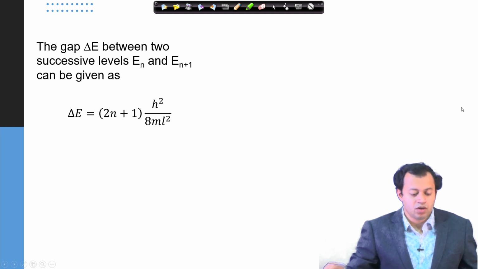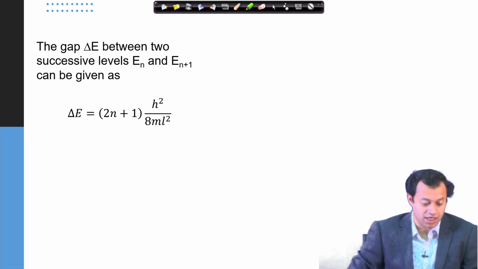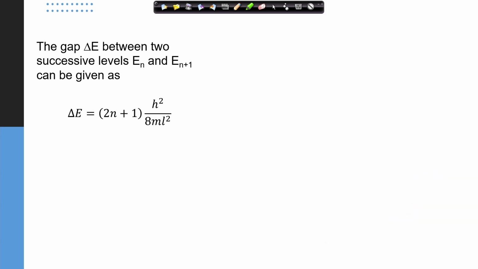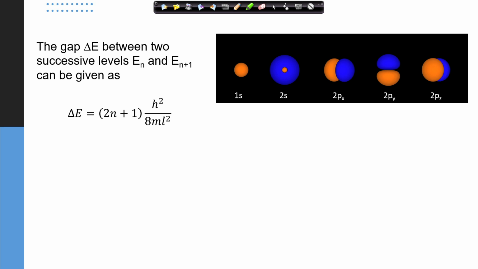So, therefore, when we are looking for the gap between two successive levels E n and E n plus 1, we get this particular value. This is the energy gap between E 1 and E 2 or any successive energy levels. And when we try to find out, from a complex mathematical calculation, how the electron will be distributed, what its probability function is, what its energy would be around a nucleus, we get these orbitals.